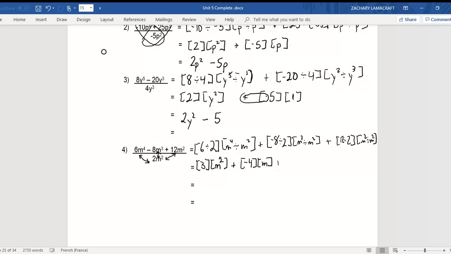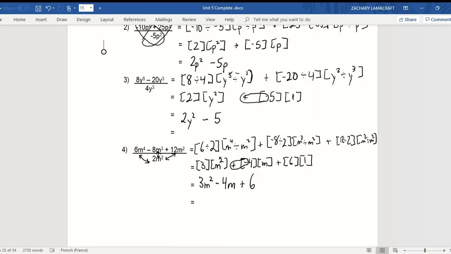And then we have 12 divided by 2 is 6. And m squared divided by m squared, just like we had in our last example, would just be equal to 1. So if we put it all together, 3 times m squared is 3m squared. And then again, we have that negative and positive, so it becomes negative 4m, and then plus 6.